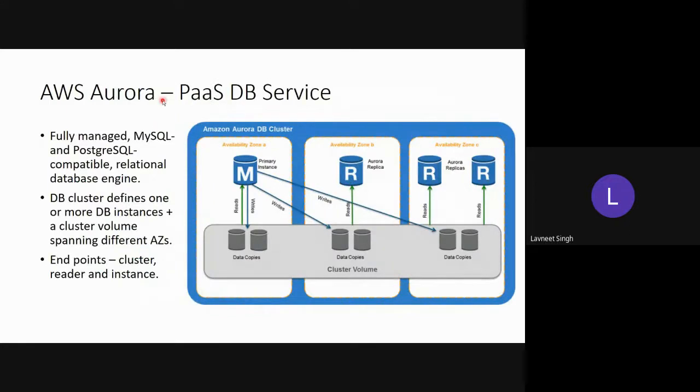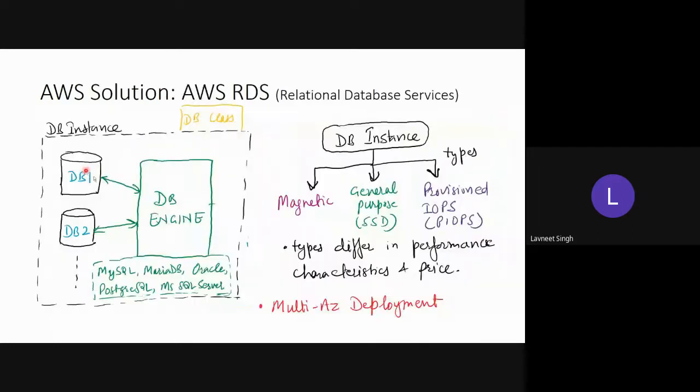So they have created a separate Aurora service which at the back will use only MySQL. So MySQL and PostgreSQL compatible, meaning any MySQL type of database or PostgreSQL type of database can be used. So, for example, this MariaDB is a MySQL kind of database.